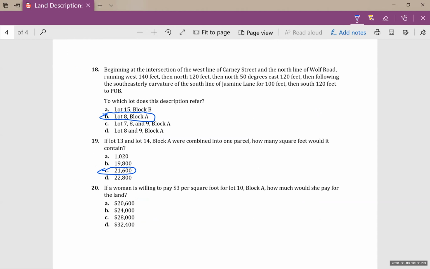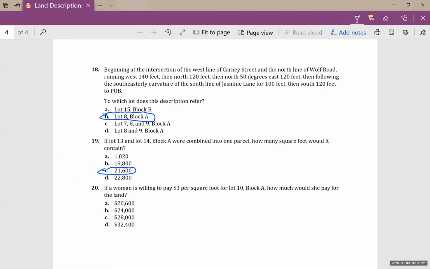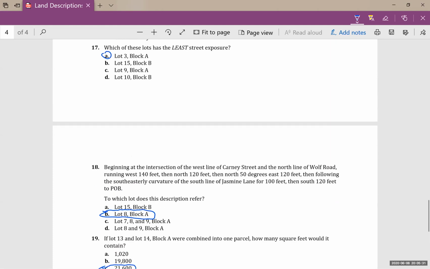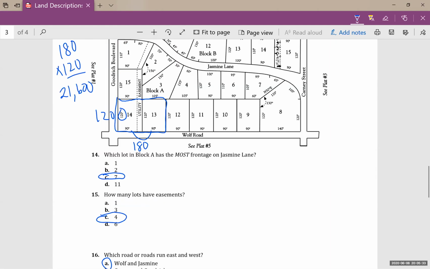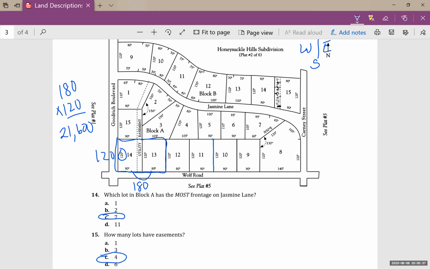And then lucky number 20, what do you like? Anyone? How do we figure that one out? Well, first of all, lot 10 is how big? 90 times 120, right?